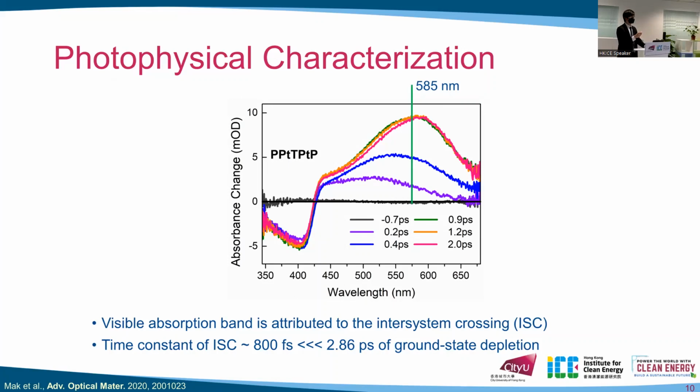The time constant of the ISC is around 800 picoseconds, while the ground state depletion has a kinetic decay of 2.9 picoseconds, which means that in our molecule, intersystem crossing is highly favorable before the ground state depletion.